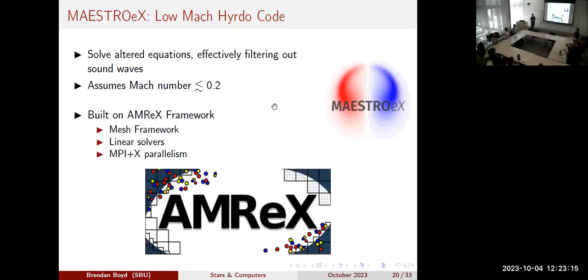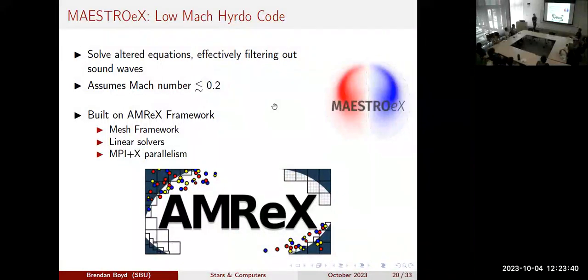And then the bedrock of MAESTROeX is AMReX. This is the software framework that it works on. AMReX handles the mesh and cell data structures that we rely on, and it holds the linear solvers to do all the solving of the differential equations and things like that.